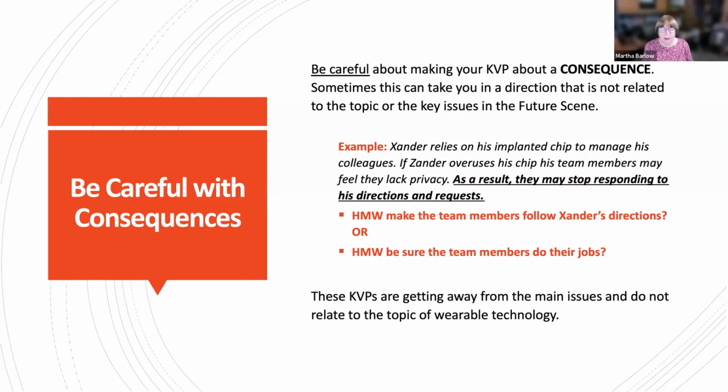And I have never really done that with my kids, because there's too much possibility for them to pick a challenge, go right to that consequence, and write a KVP about that. And they're not really on target. So those KVPs are getting away from the main issues and don't relate to the topic. That is why you can use your challenges really well to come up with ideas. You have to be careful when you look at the consequence.